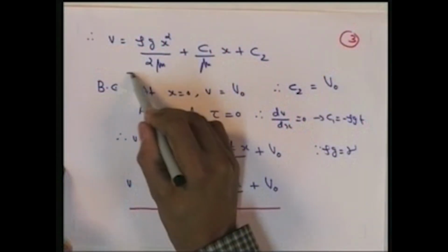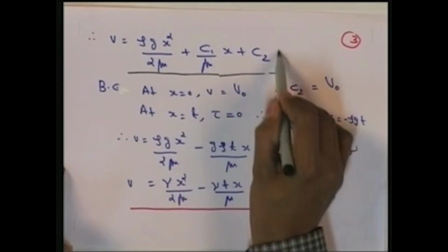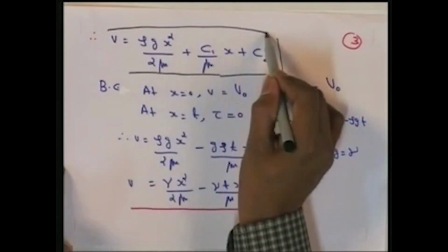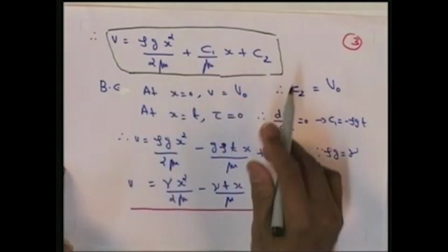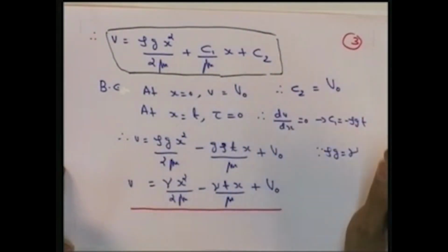Once again if we integrate, then we get v is equal to rho g x square by 2 mu plus c1 by mu into x plus c2. So, this will be the expression for the velocity.